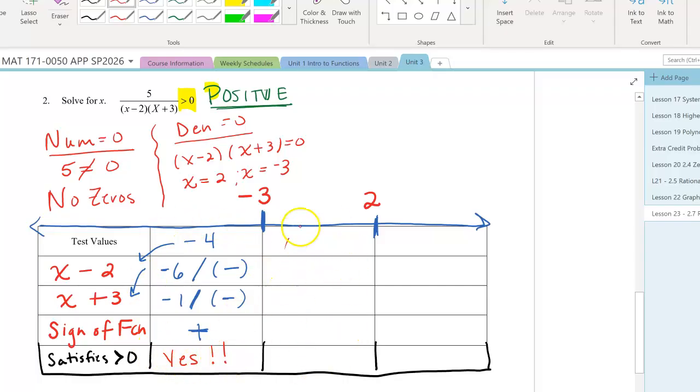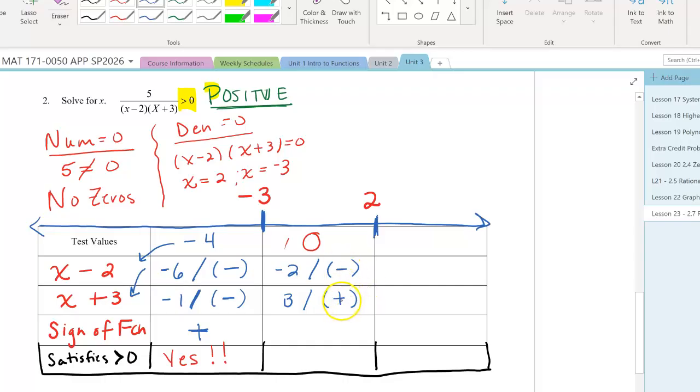Now let's move to the second interval. 0 is a number in this second interval, so I use 0. If I plug it in here, I will get 0 minus 2, which is negative 2, which would be negative. 0 plus 3 is positive 3, which would be positive.